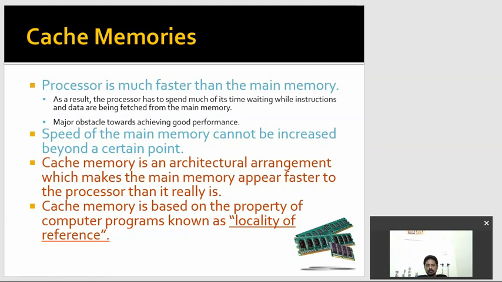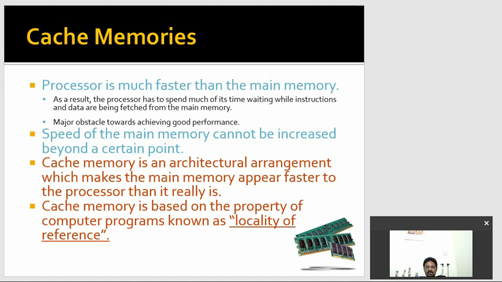As a result, the processor has to spend much of its time waiting while instructions and data are fetched from the main memory, because the processor is at high speed and the main memory is slow.